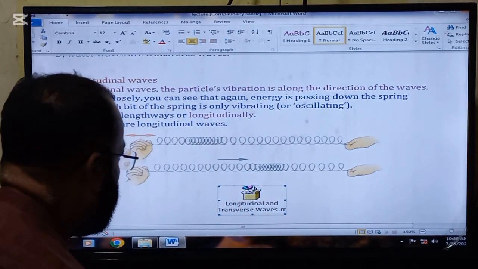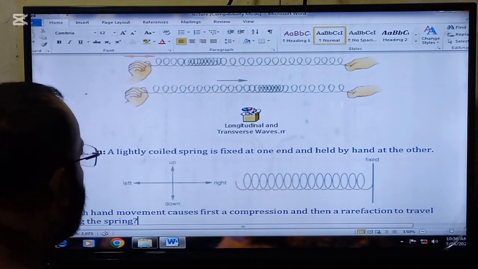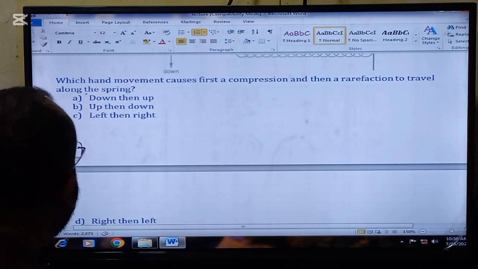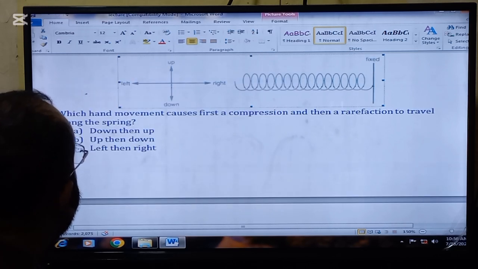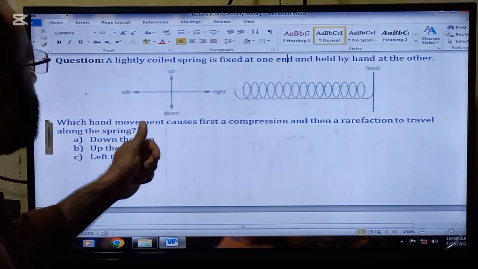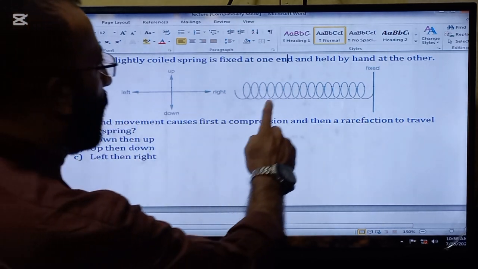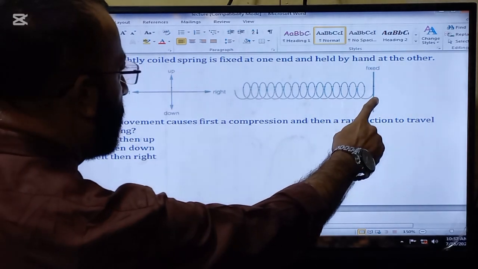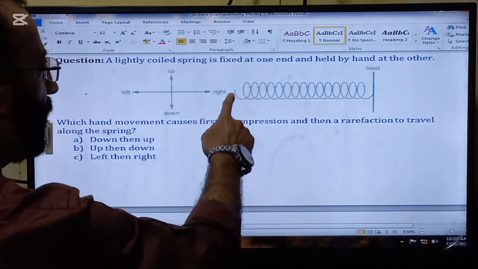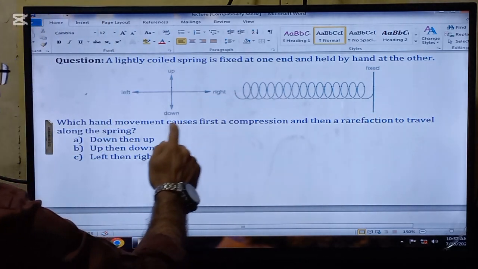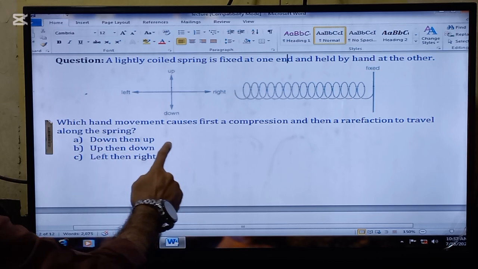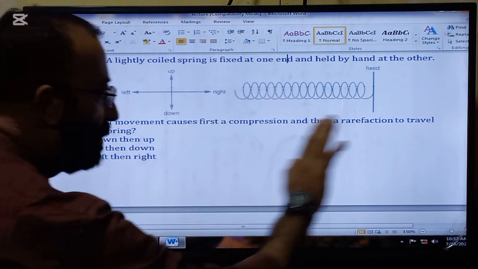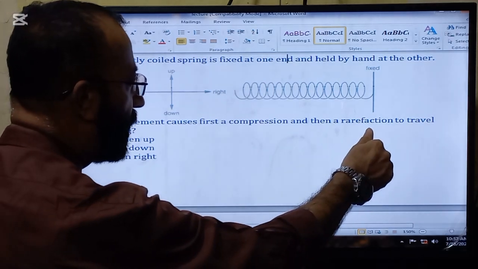Okay, moving further. Here is our question. A lightly coiled spring is fixed at one end and held by a hand at the other. So this is the fixed end and this is the end which is held by the hand. Which hand movement causes first a compression, so compression will be like this, and then a rarefaction?